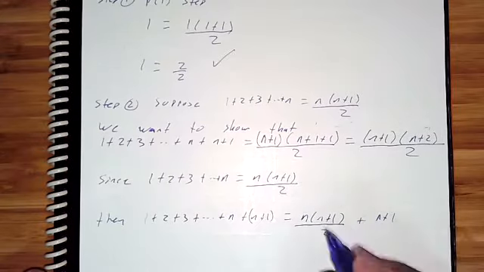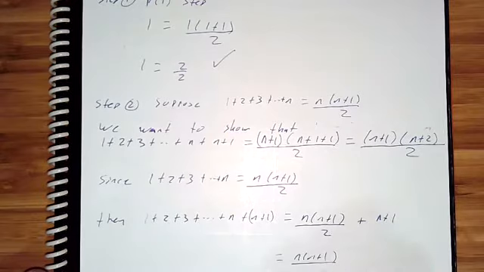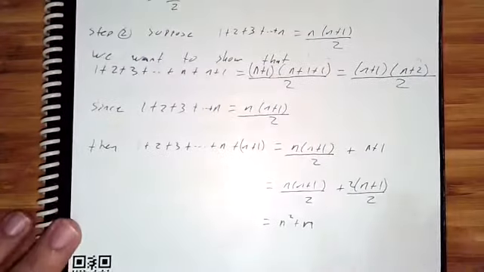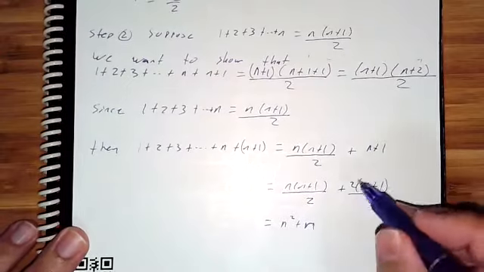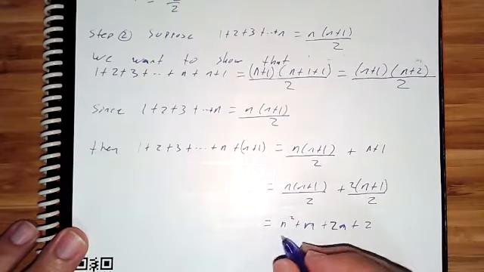So what is this going to be? Add them together, that would be n times n plus 1 over 2 plus n plus 1. Get a common denominator, and that will give us n squared plus n, distribute that guy. Right, n times 1, distribute those two. 2n plus 2 all over 2.